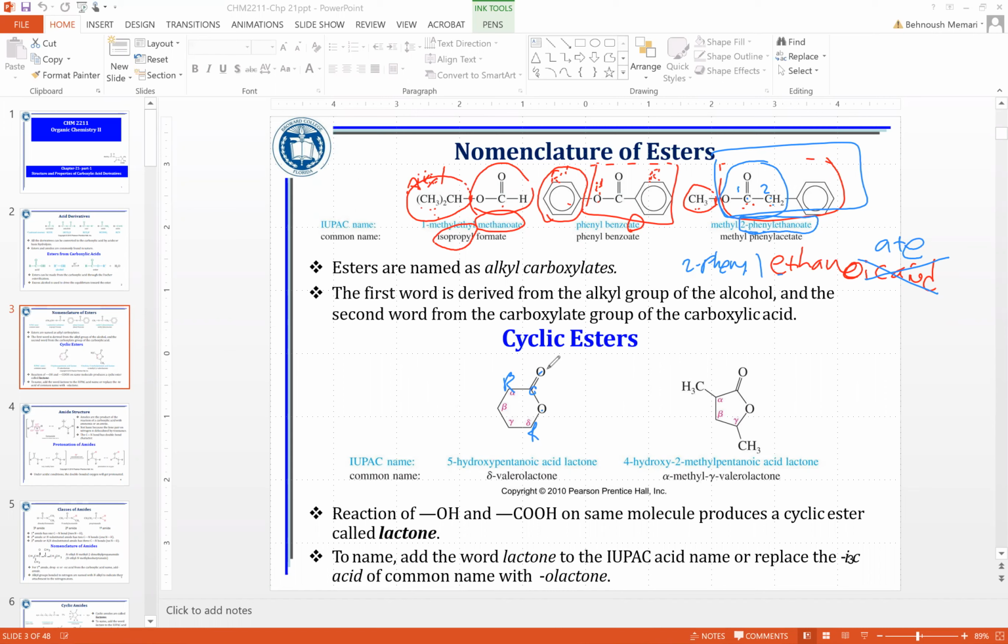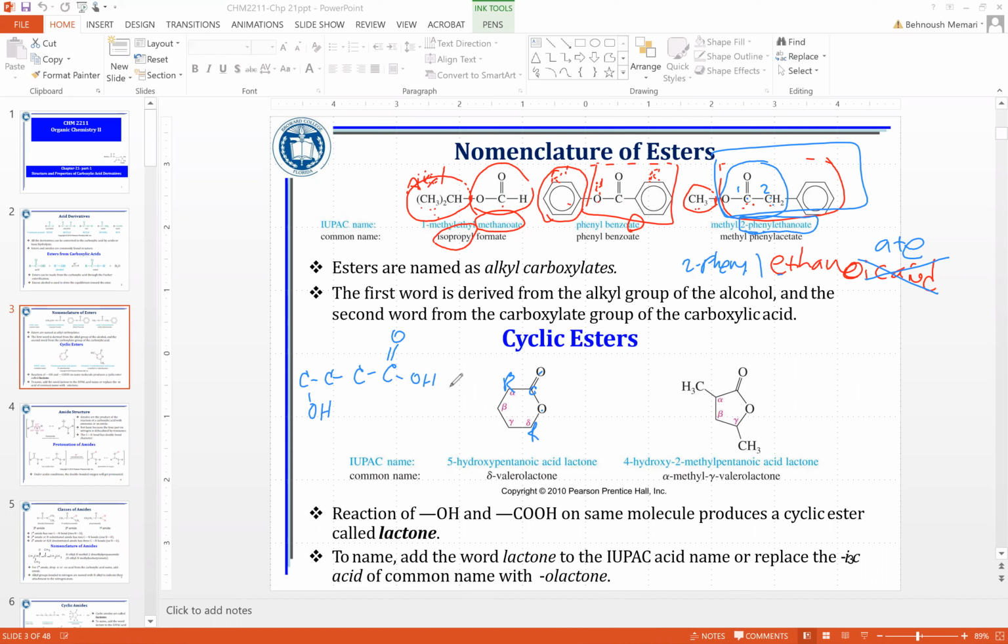In order for cyclic ester to form, the requirement is that your molecule must have carboxylic acid functional group, and it must have an OH functional group. So alcohol and carboxylic acid are on the same molecule.